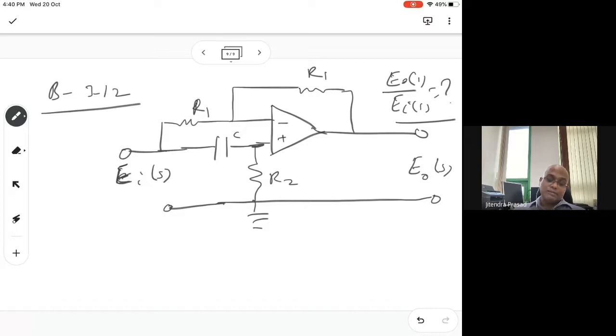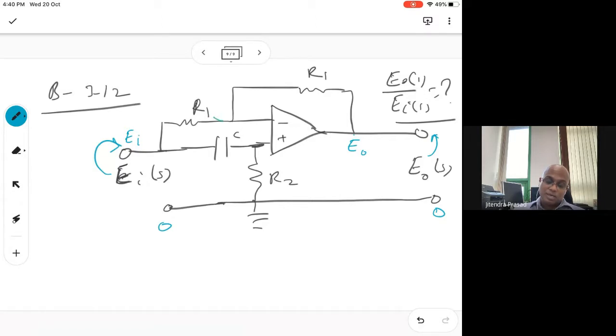So we do it like this. Now if you see here, if this one is earth, we can write 0 here, and then this value becomes EI, and this value becomes E naught, right? So E naught is here, and here this is EI, and let us say that current flows from here.